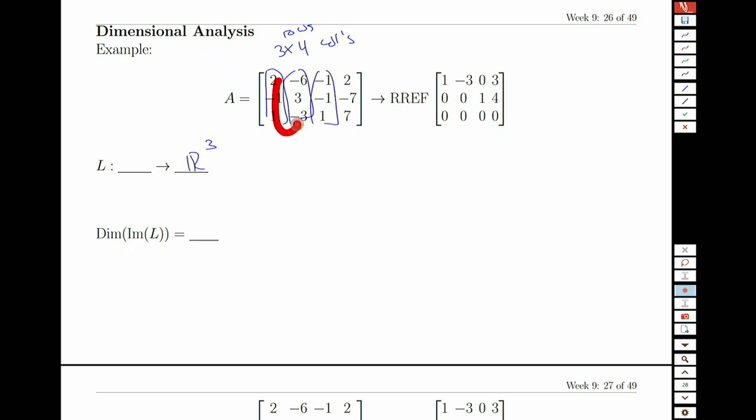My output is spanned by these 4 3-element columns. I'm in R3 for the output. But because there's 4 columns, the input space is 4-dimensional. Because I can have this times x, that times y, that times z, that times w. I get 4 input variables that I would need, as we did with that matrix multiplication a couple of seconds ago.